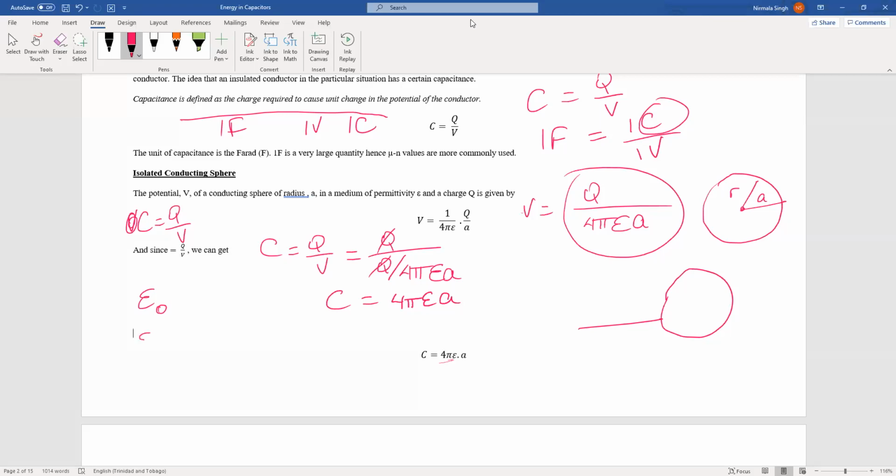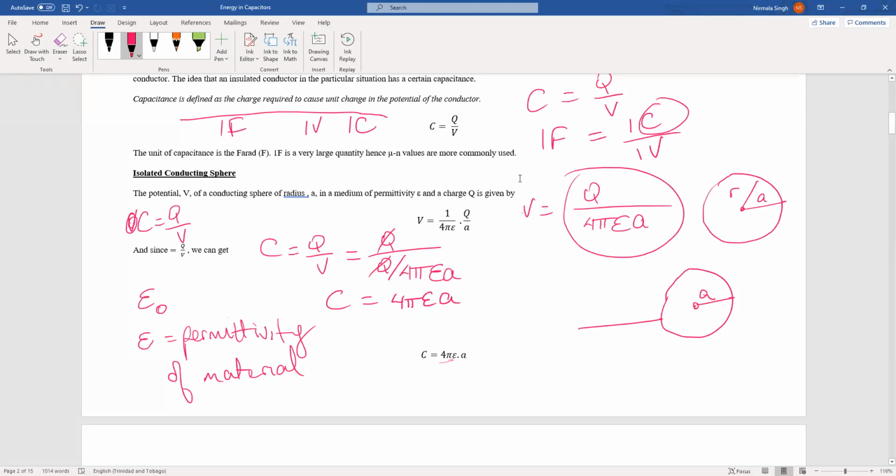But capacitors need a material to work. So we're going to look at permittivity of a given material. We're going to look at what kind of material that is soon. So please note it's not 4 pi epsilon naught, it's 4 pi epsilon A, A being the radius of your sphere.